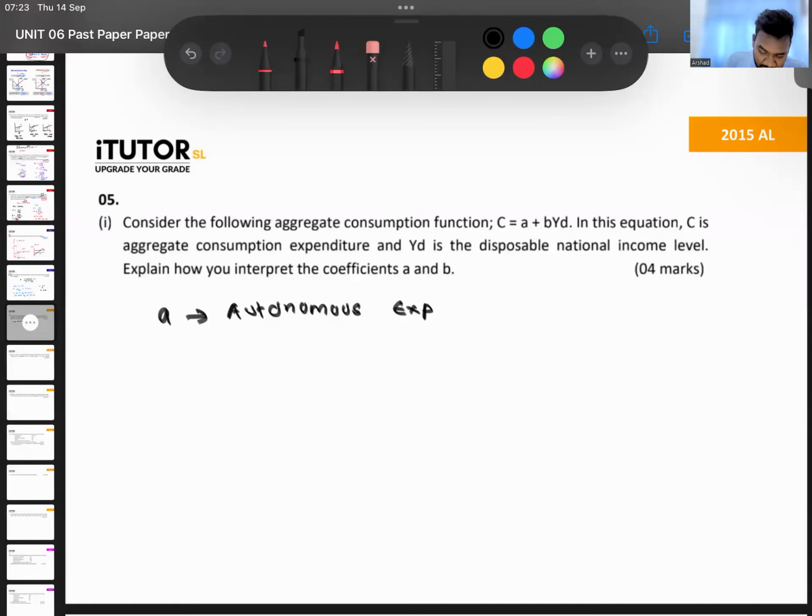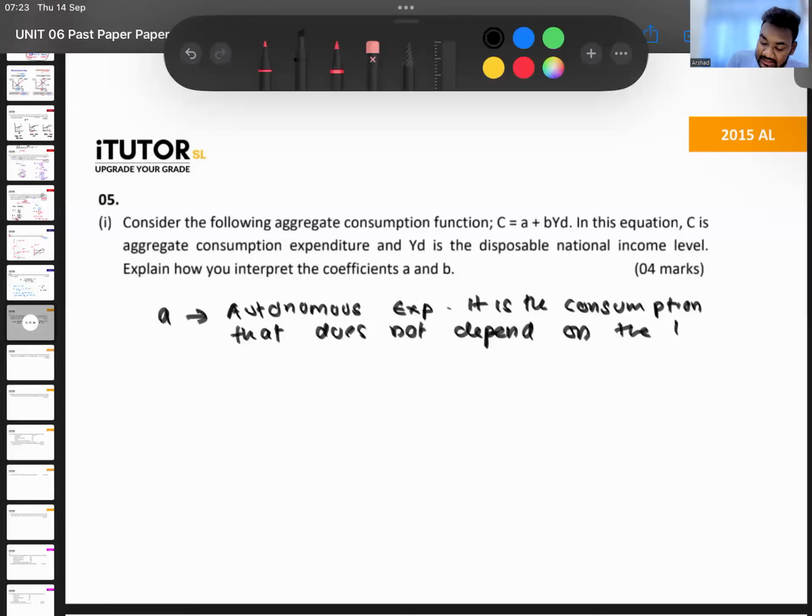So say that it is the consumption that does not depend on the level of income.